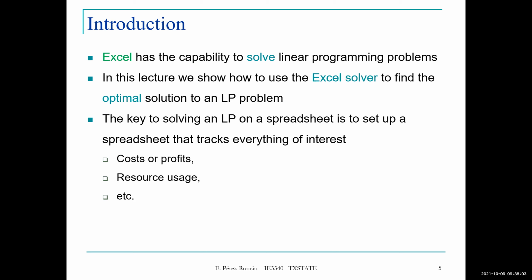So what I'm trying to say is there are two ways that we can build a linear programming model in Excel. The easy way would be just to set up the equations in the same way that we have formulated the model. So if it is 3x1 plus 2x2, we set up the equation in that way.